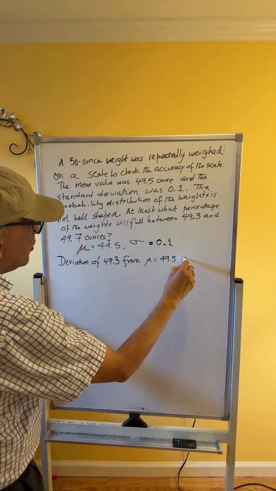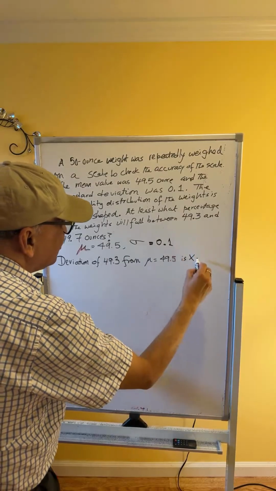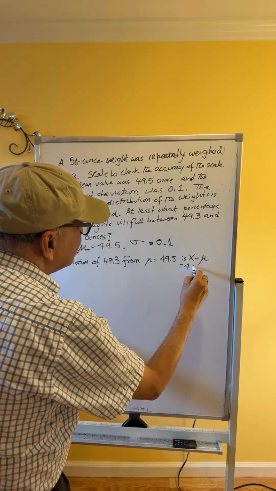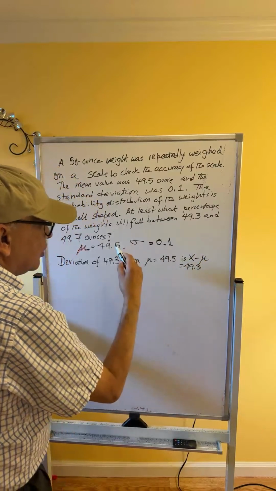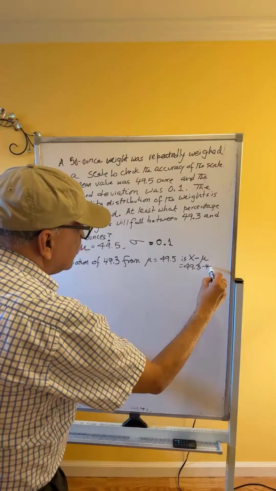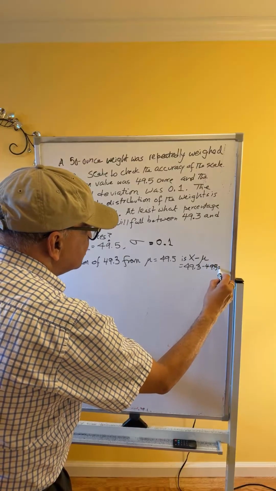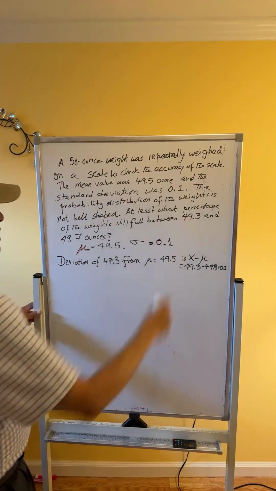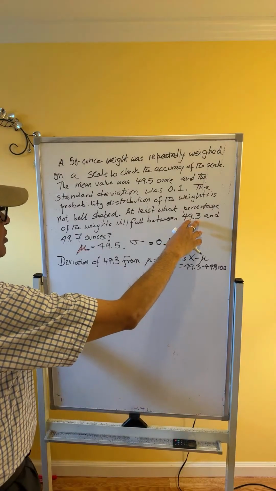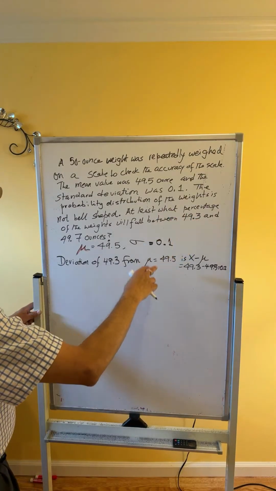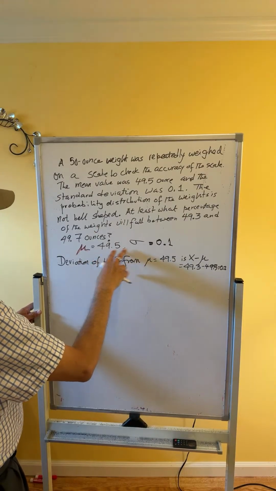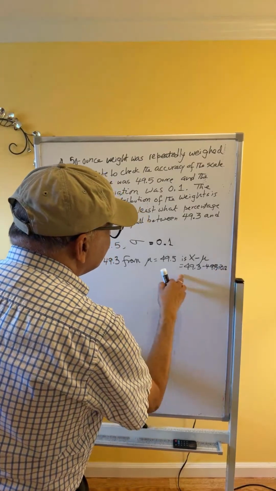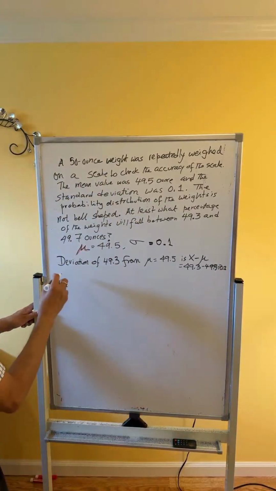That is x, the number 49.3, the lower boundary, minus the mean 49.5, and that is equal to minus 0.2. What does it mean? It means the weight 49.3 is located away from the mean 49.5 by 0.2 ounce. This is minus 0.2 because 49.3 is less than 49.5.